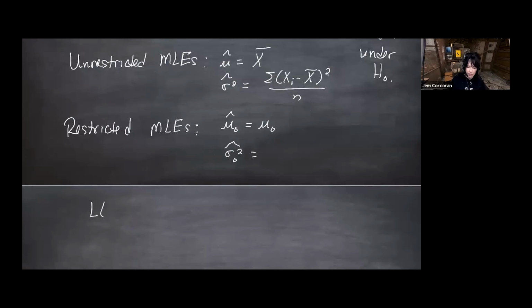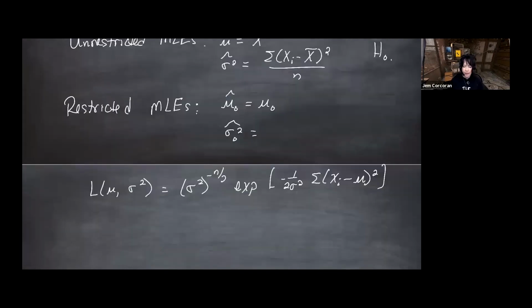So you've got a likelihood that looks like this: sigma squared to the minus n over 2, the 2 pi if you chose to keep it, sum of the xi minus mu. When we found the MLEs, we took the derivative with respect to mu, and we took the derivative with respect to sigma squared. From the first equation, we found out what mu hat was, and then we plugged it into the second equation.